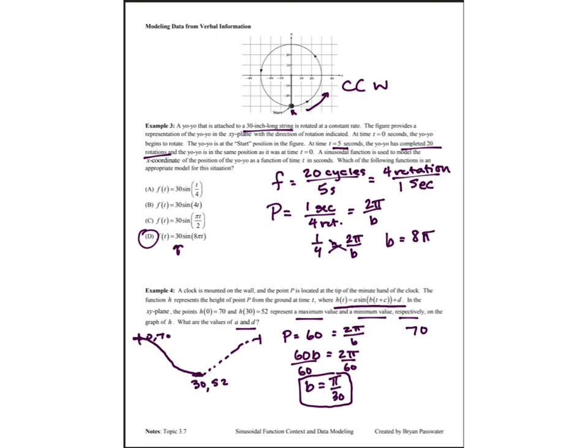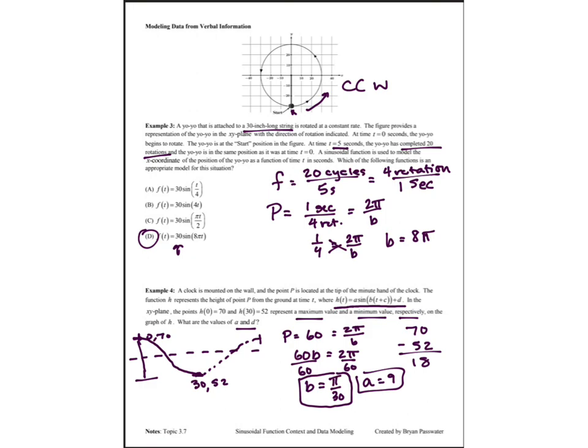We've got a peak at 70 minus 52, which tells me there's a gap of 18. 18 units between the top and the bottom, which means the amplitude is 9. A equals 9.